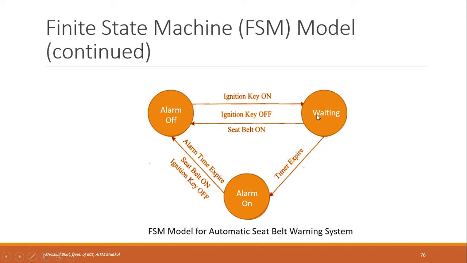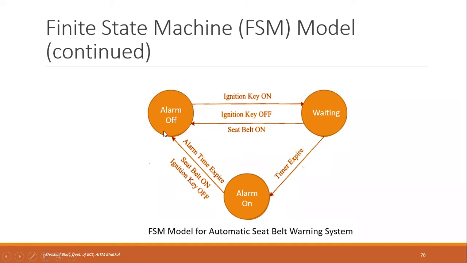Waiting state means it will wait for 10 seconds. Within 10 seconds, if the ignition key is turned off, it will go back to alarm off state. Or if the driver puts on the seat belt, again it will go back to alarm off state.